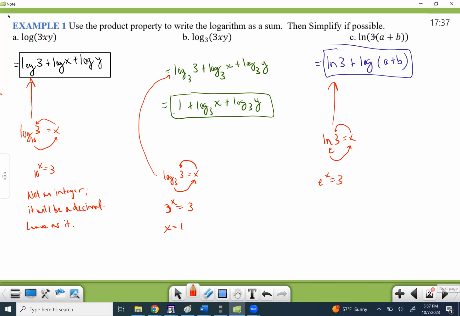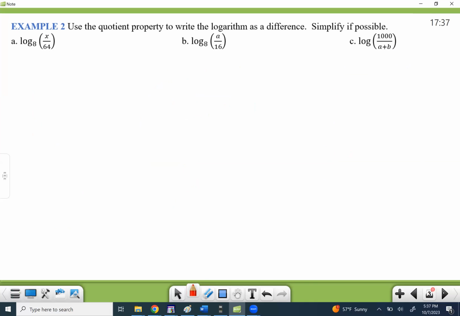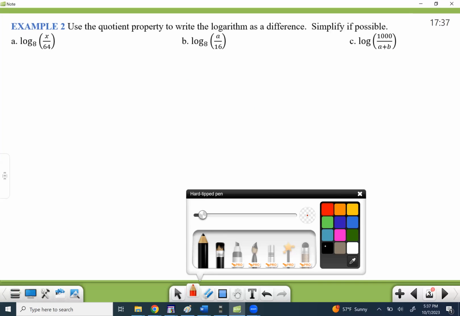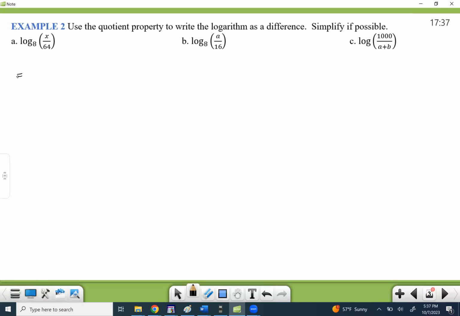All right, moving right along. Use the quotient property. We know that if multiplication becomes addition, then division is going to become subtraction. So we're going to have log base 8 of the top minus log base 8 of the bottom. So it's always going to be top minus bottom.